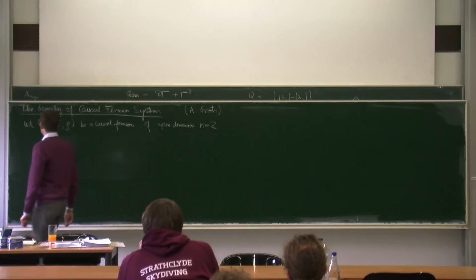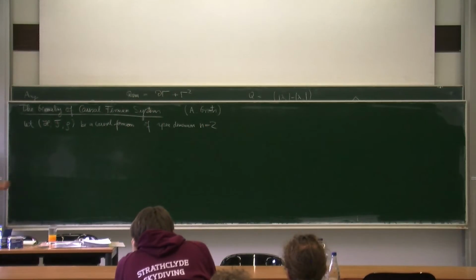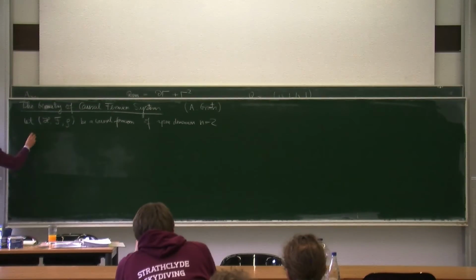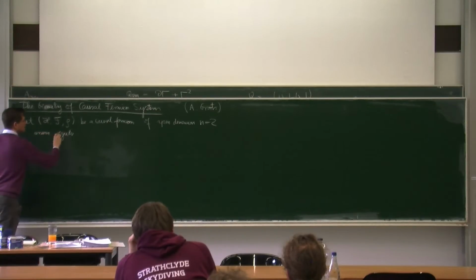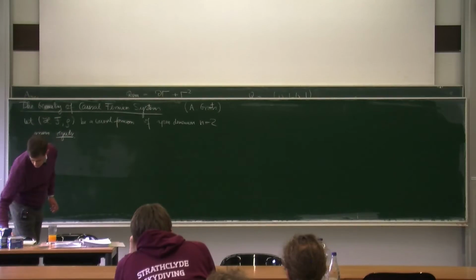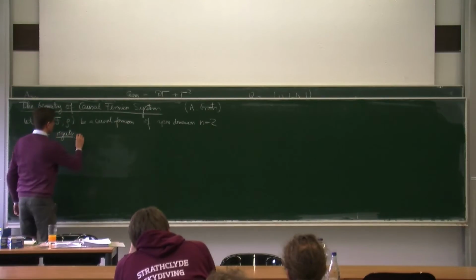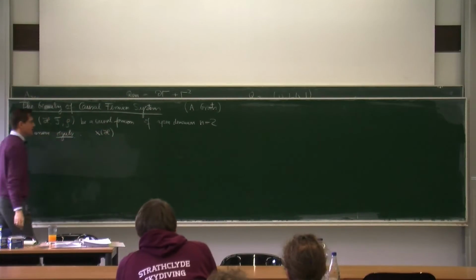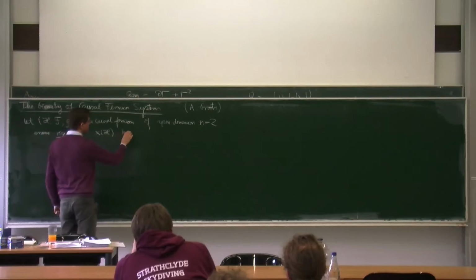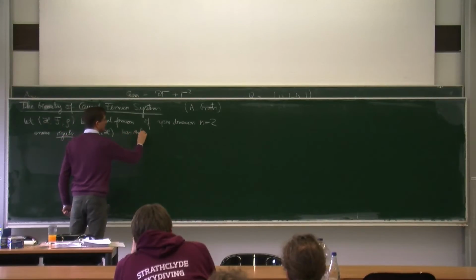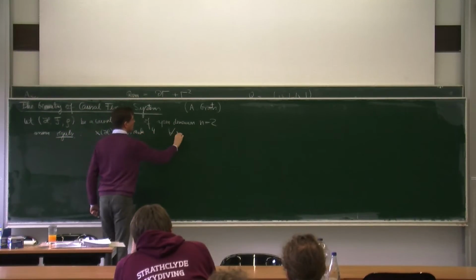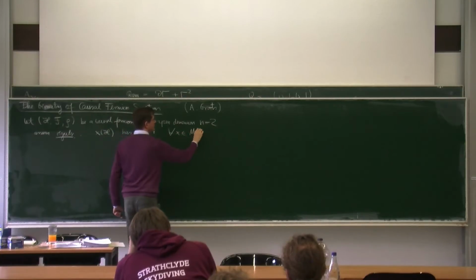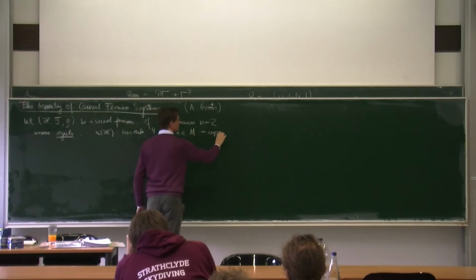And moreover, we assume that it's regular in the sense that x of H has rank 4, so the maximal rank which is allowed, for all x in M, and M of course again is the support of rho.